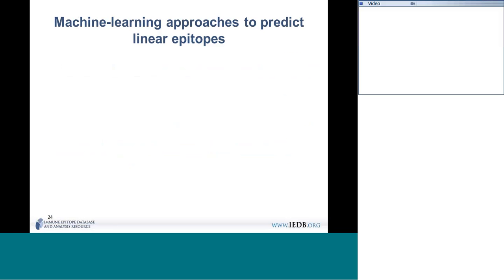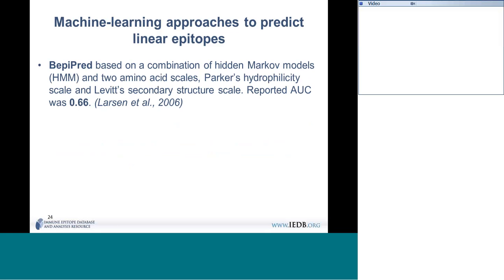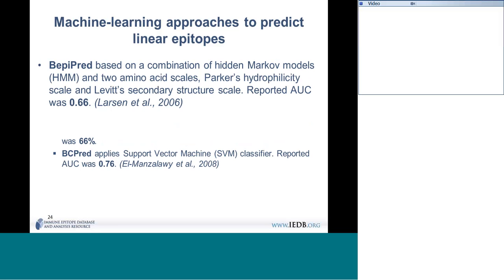Okay, so disappointed by all these scale approaches, people tried to use machine learning approaches to predict linear epitopes. The first method was published in 2006. It's called BepiPred, and it's available on our website. The reported AUC value was 0.66.